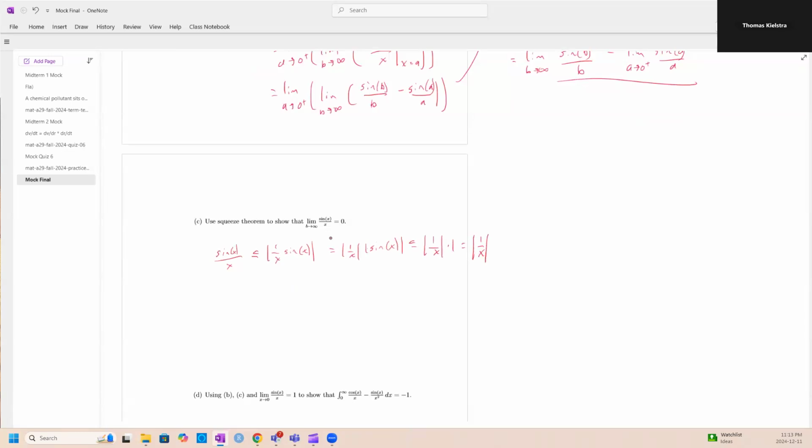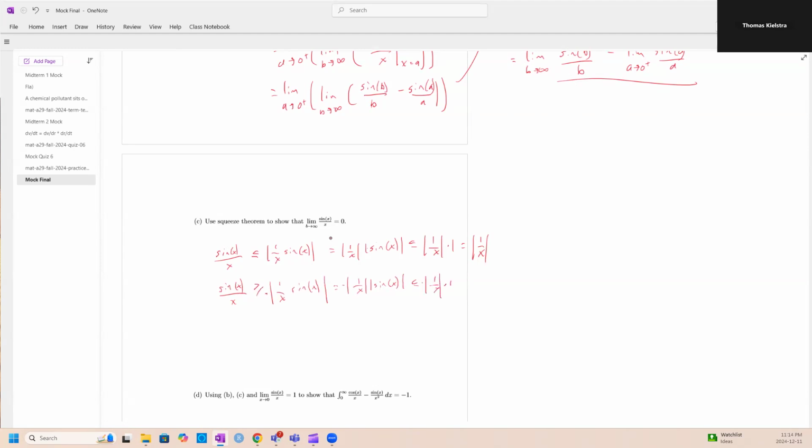which equals absolute 1 over x. Similarly, sine x over x is greater than or equal to minus absolute 1 over x sine x, which is greater than or equal to minus 1 over x absolute sine of x, which is greater than or equal to minus absolute 1 over x times 1.